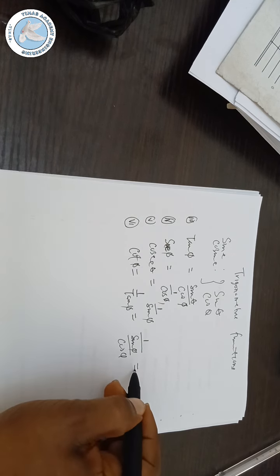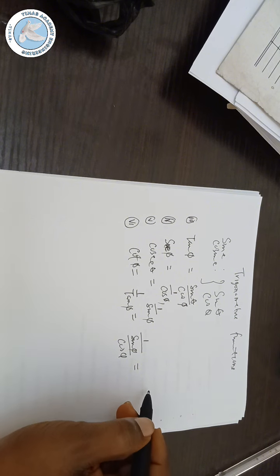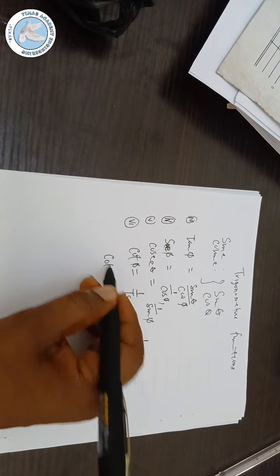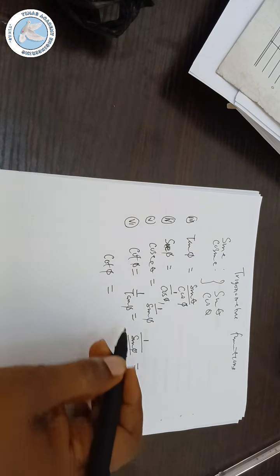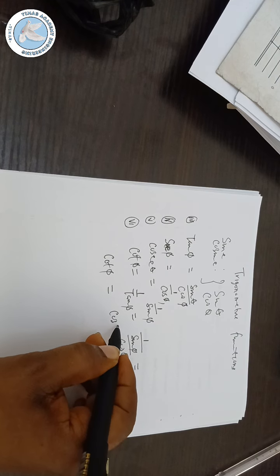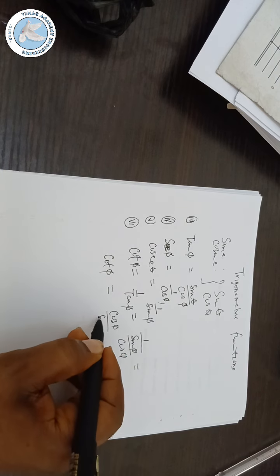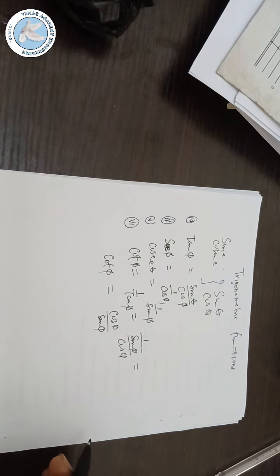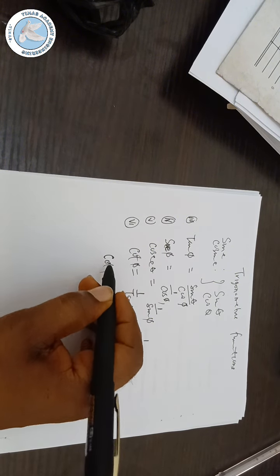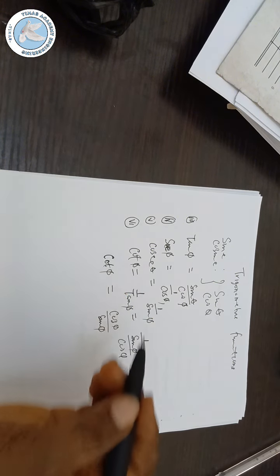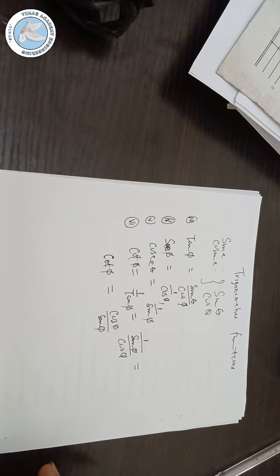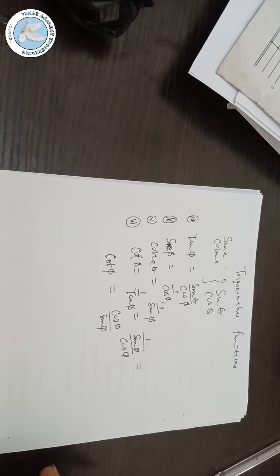So at this point, we have cot theta is cos theta divided by sine theta. So these are the basic trig functions that are related to either sine theta or cos theta.